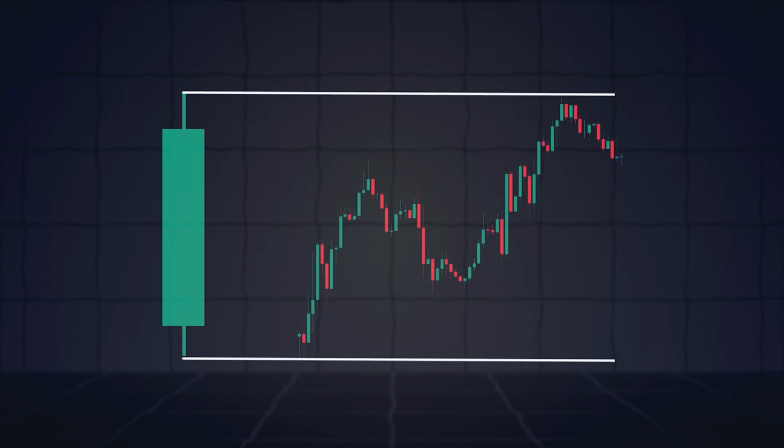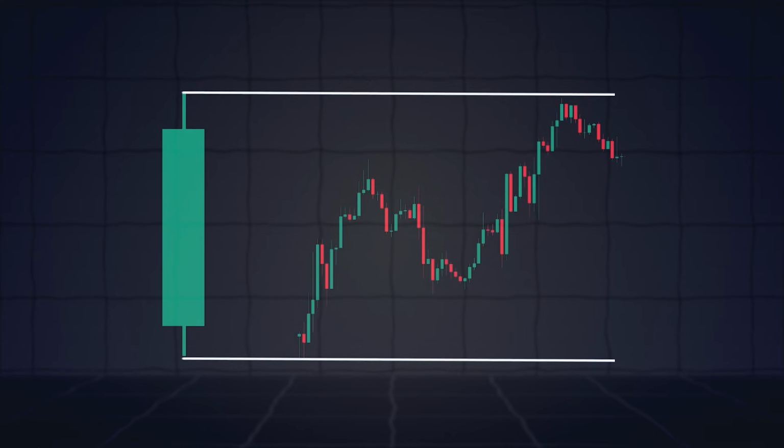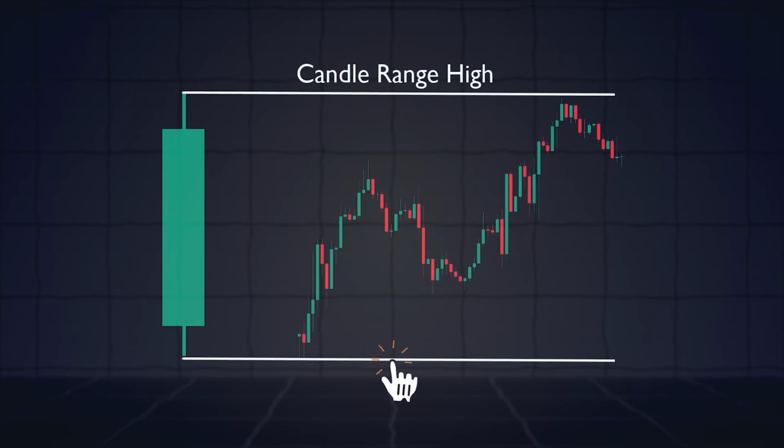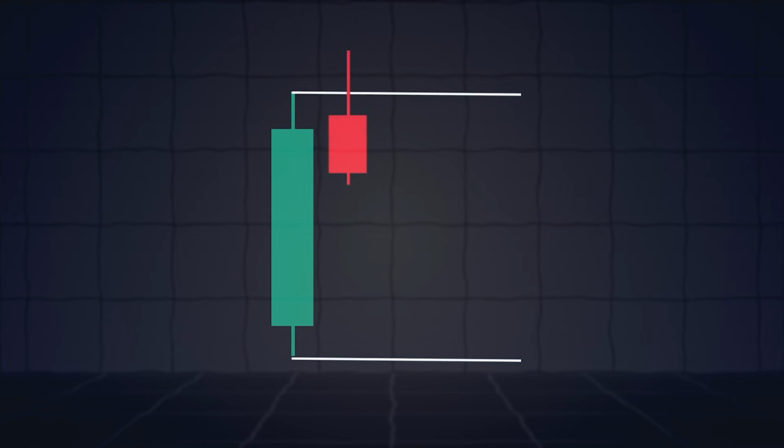The upper boundary of this liquidity is referred to as the candle range high, while the lower boundary is known as the candle range low. One of the strongest advantages of this method is its flexibility. It can be applied to any time frame and to any chart built on candlesticks, provided that the overall structure and conditions of the setup remain valid.